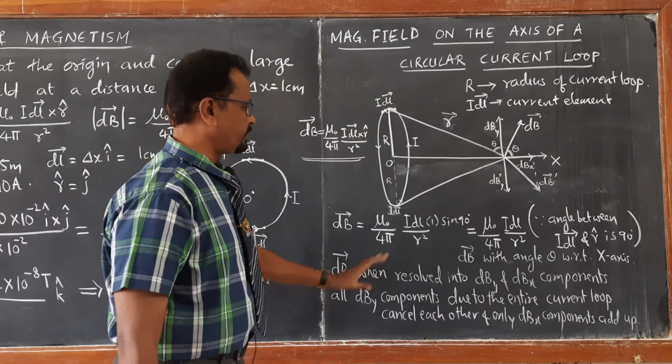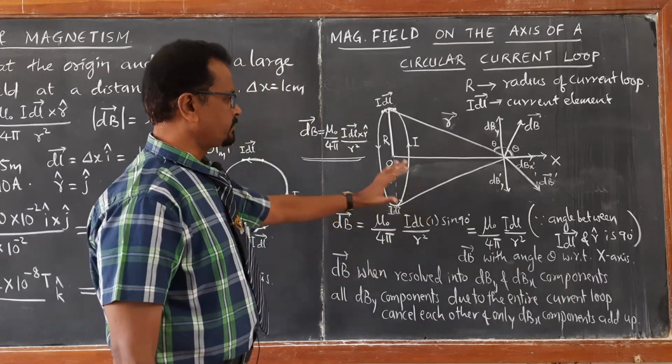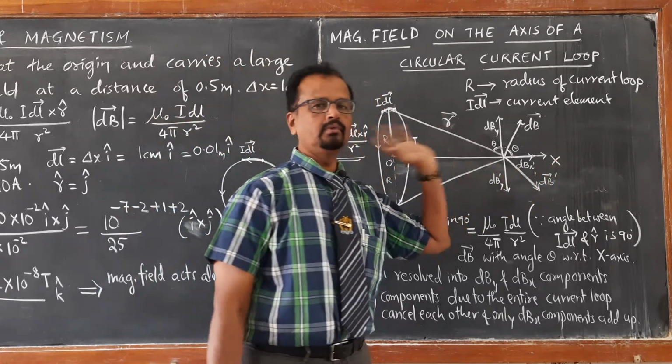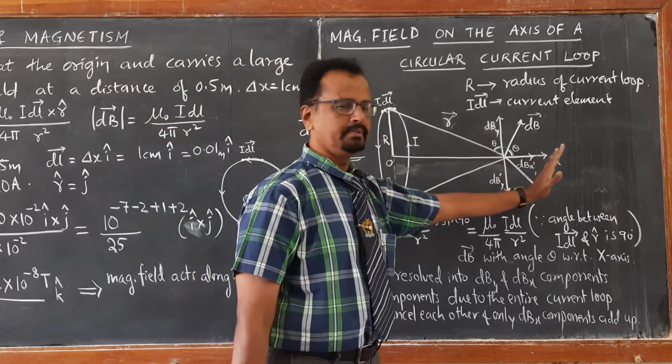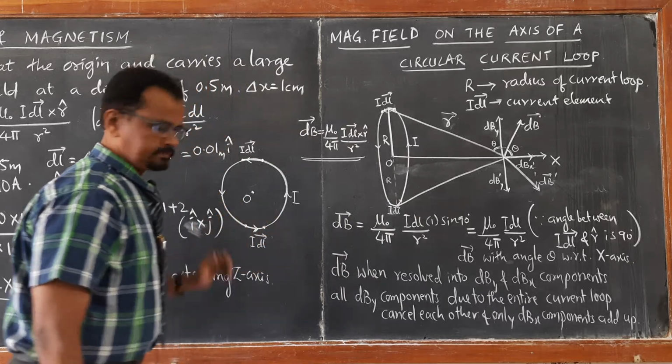So, now we will find out the total magnetic field, which is nothing but only the x component, that is dBx. Okay.